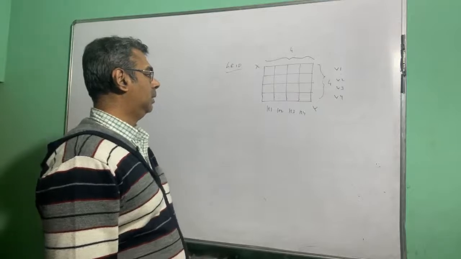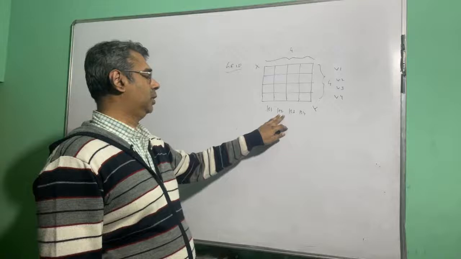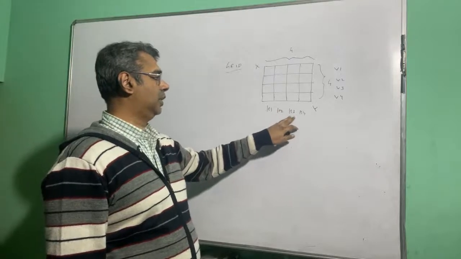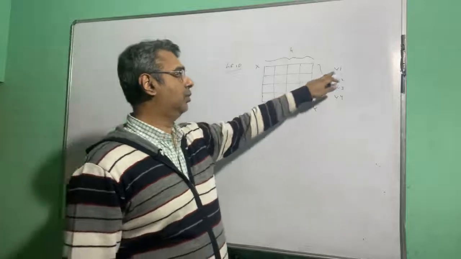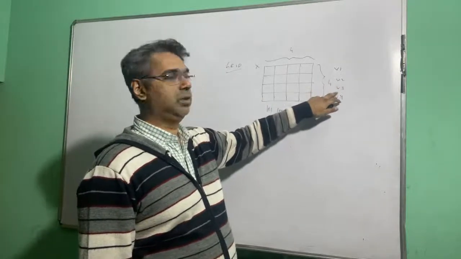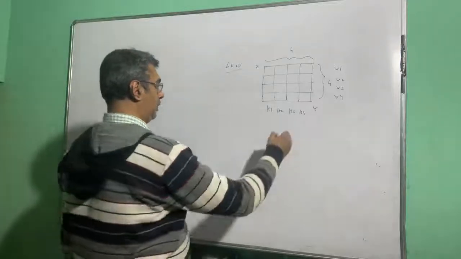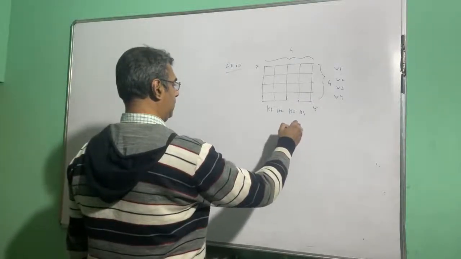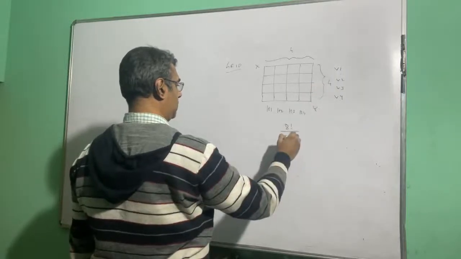But remember that unless you do H1, you cannot do H2. Unless you do H2, you cannot do H3. Unless you do H3, you cannot do H4. Unless you do V1, you cannot do V2. Unless you do V2, you cannot do V3. Unless you do V3, you cannot do V4. So in total you have to take 8 steps, and there are 4 like this and 4 like this.